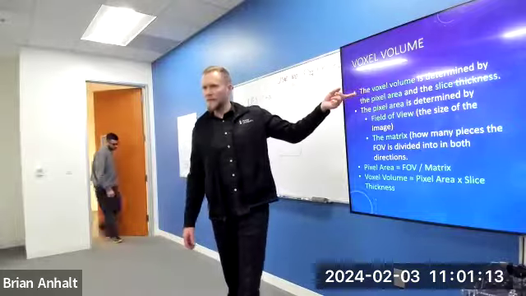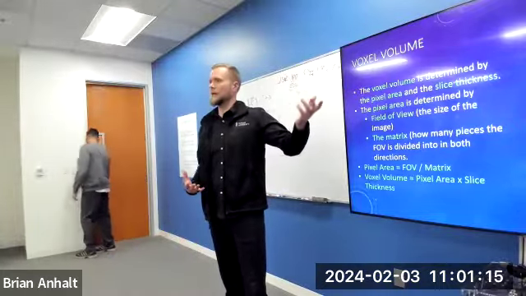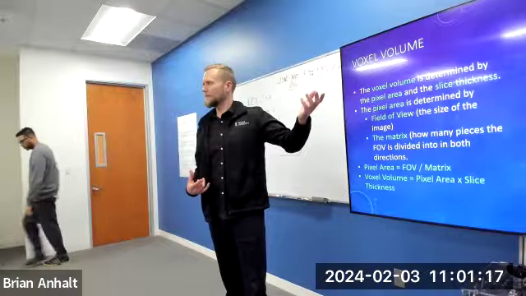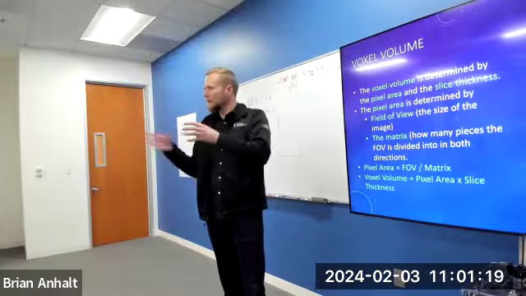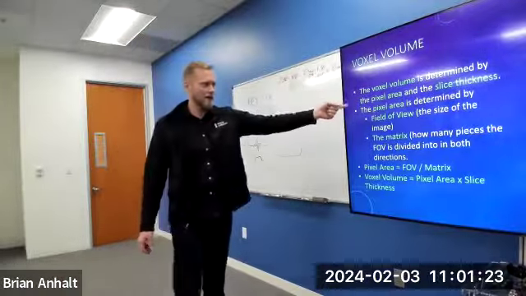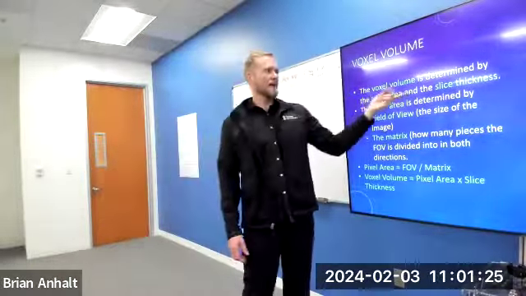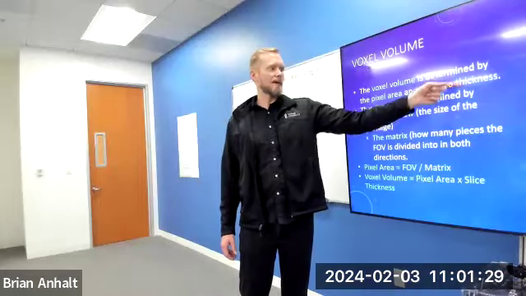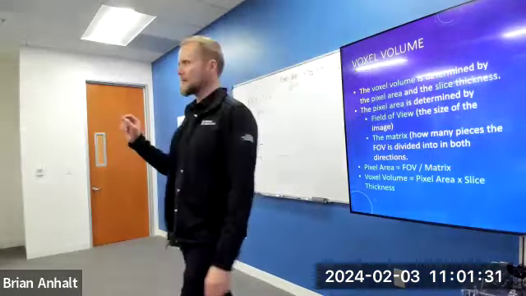In MRI too, these voxels have a volume that can be calculated, right? They're going to be much smaller than the boxes I was talking about, but these volumes can be calculated. And they are calculated by pixel area and slice thickness. Slice thickness is a parameter that we select.